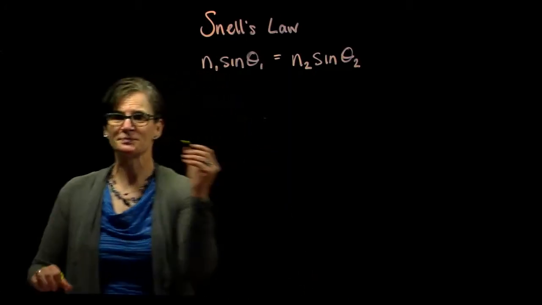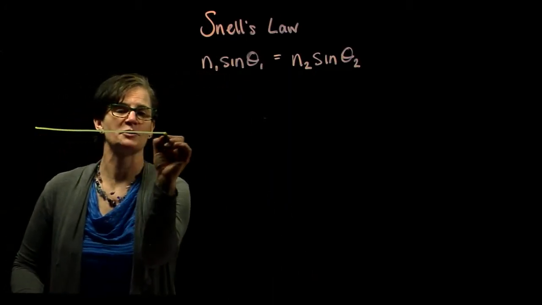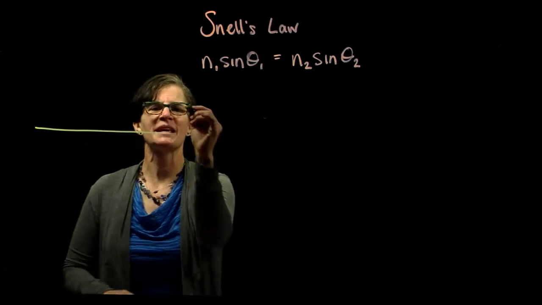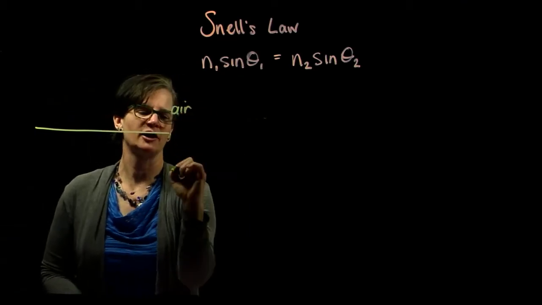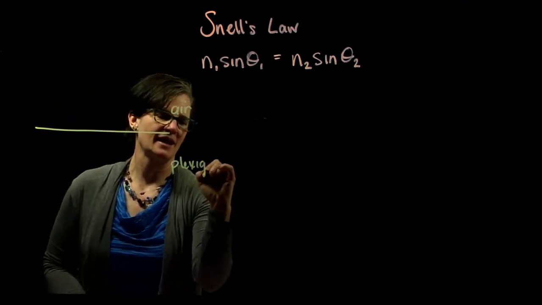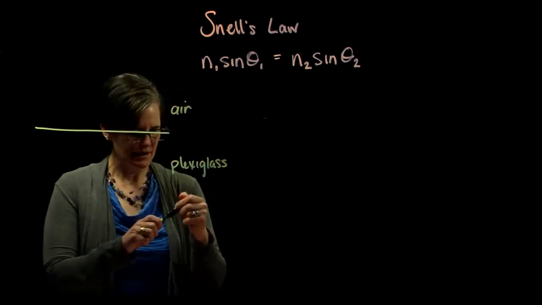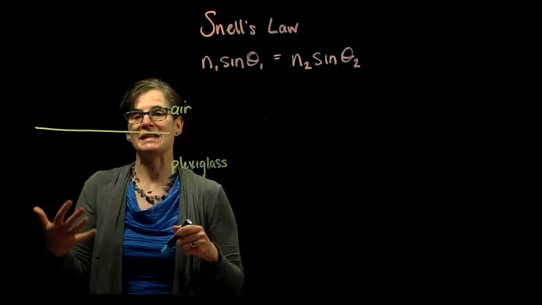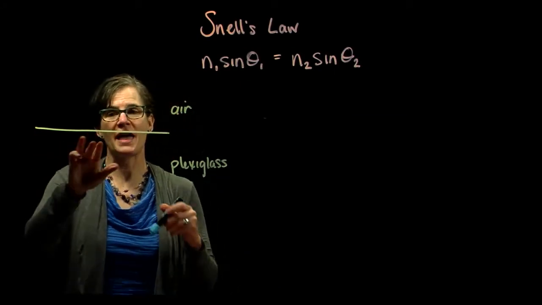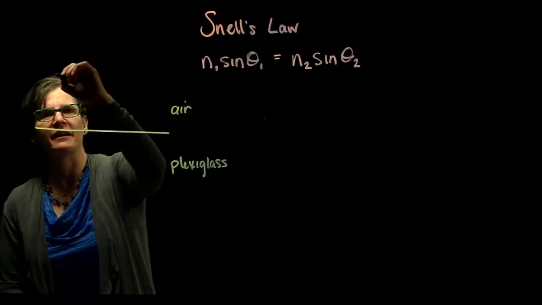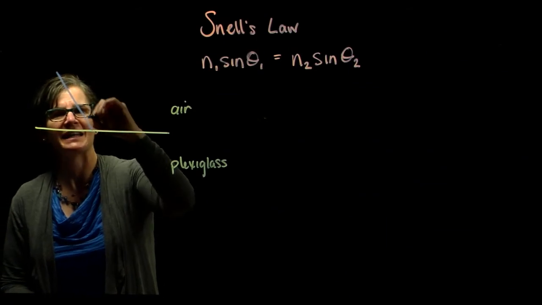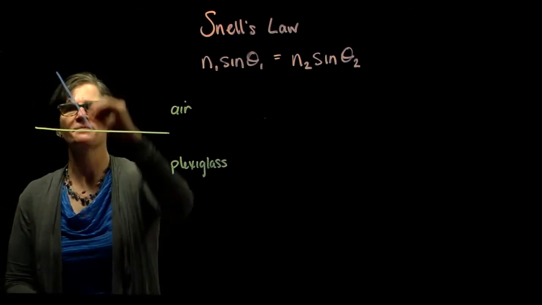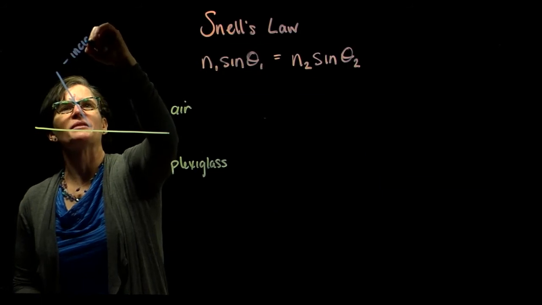So let's imagine that we have a boundary between two mediums, and we'll say we have air and plexiglass. We know that the ray of light that's in the medium incident on that boundary, and in our example we're going to use air. So here's our ray of light incident on that boundary. This is what we call the incident ray.